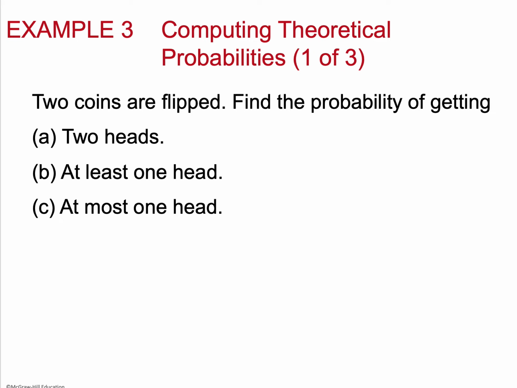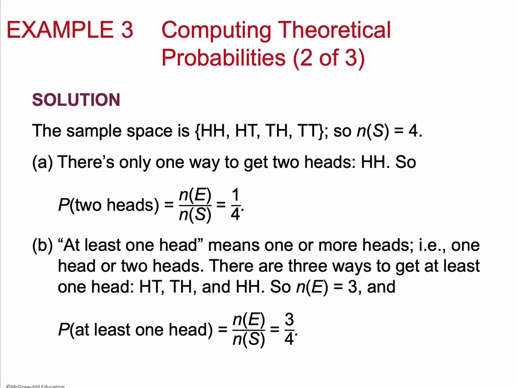So here I'm flipping 2 coins. Imagine I'm flipping 1 in each hand, and I want to find the probability of getting 2 heads. If I want to get 2 heads, there's only one way to get that. I have to get heads on both coins. So it's not 2, because it's one outcome where heads is on both coins.